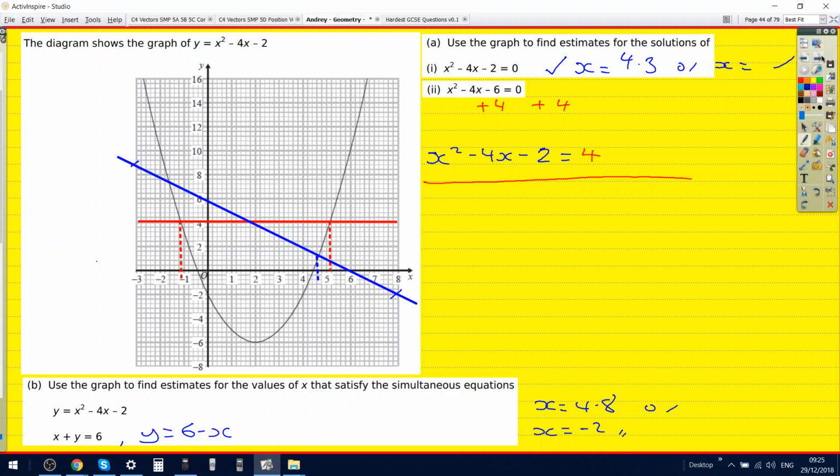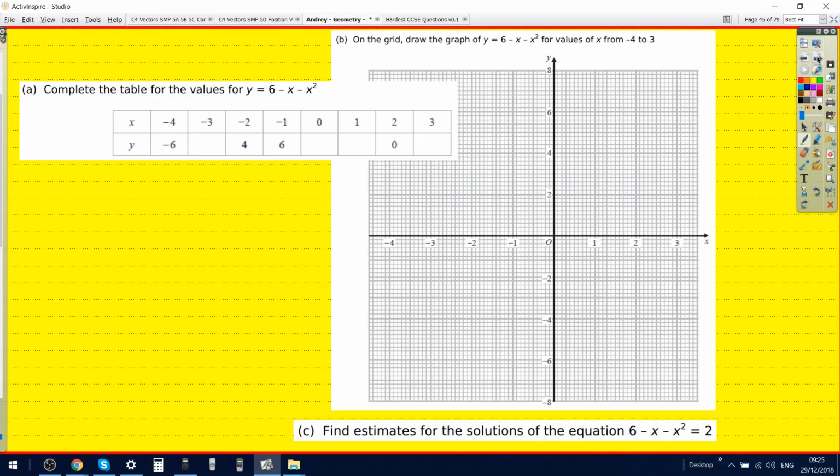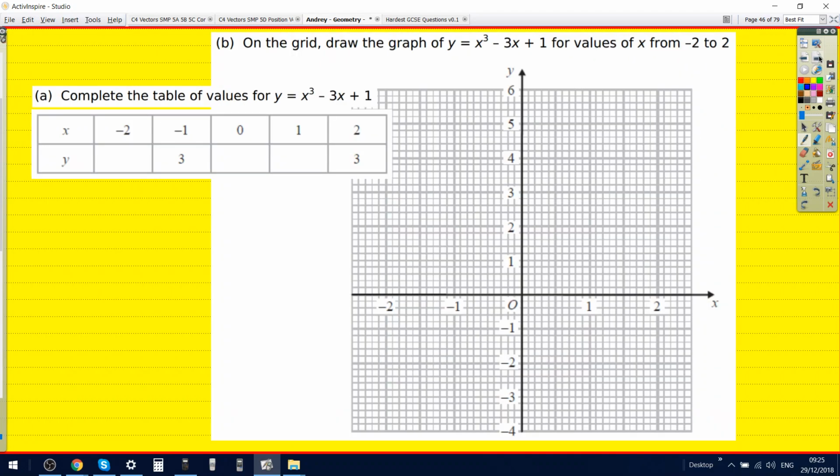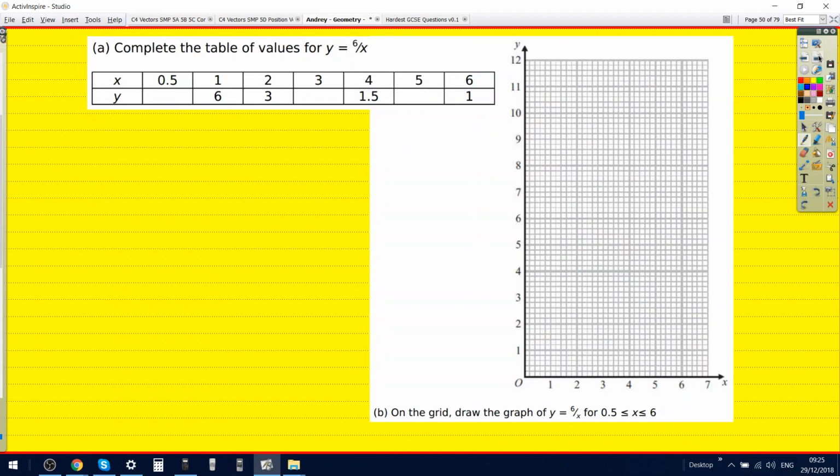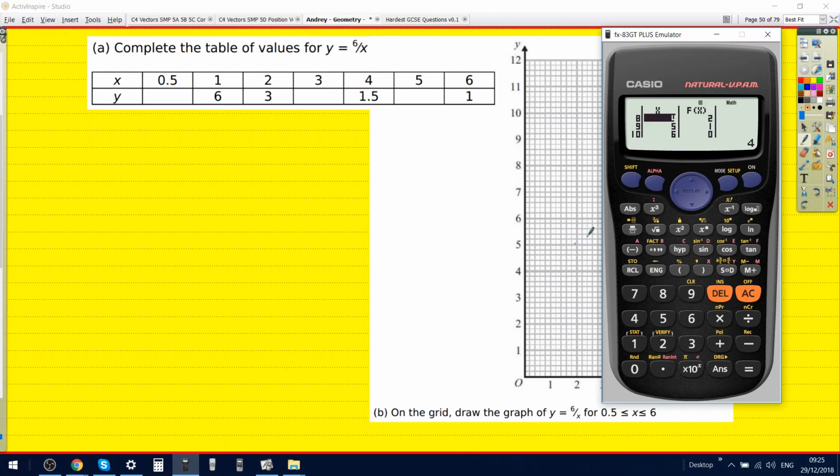No. Okay, so it's a very tricky topic, and these are all the same idea. 6 over x. You can see it's exactly the same idea.